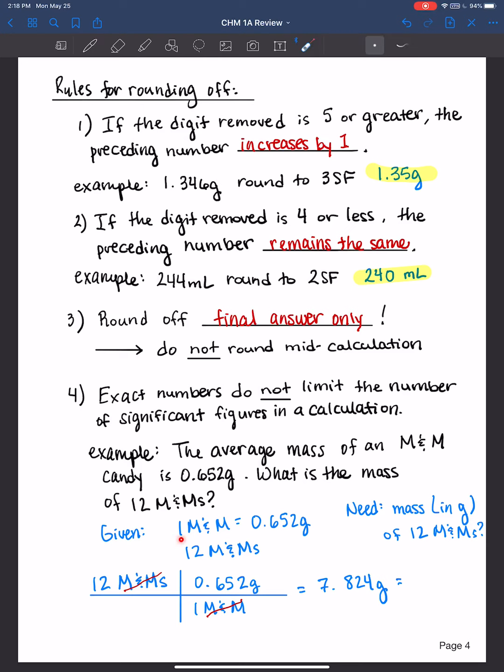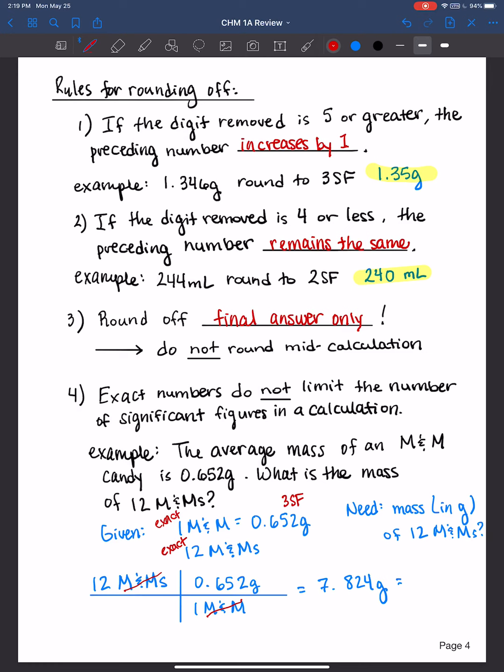So I look at, okay, 1 M&M, 12 M&Ms, 0.652 grams, and I notice that 1 M&M is an exact number because I can count it. 12 M&Ms is an exact number because I can also count those too. Therefore, they do not count towards significant figures. But 0.652 grams is a measurement. That's something I would need to use a balance for. And so that is 0.652 grams.